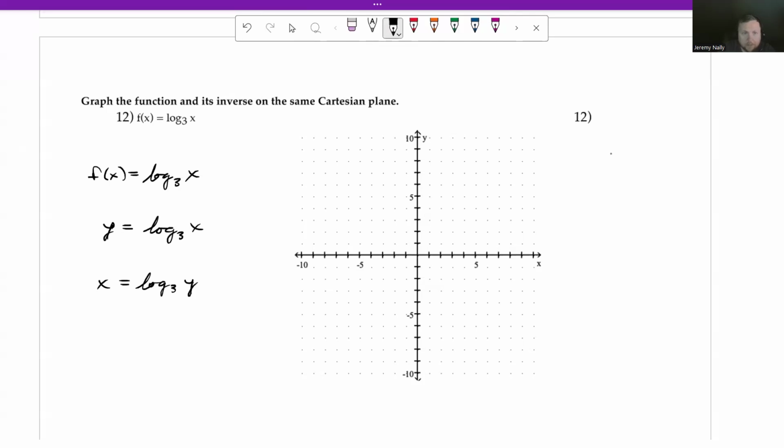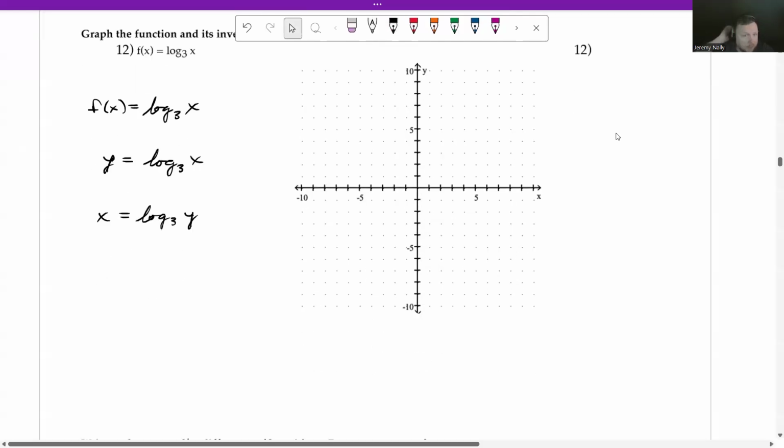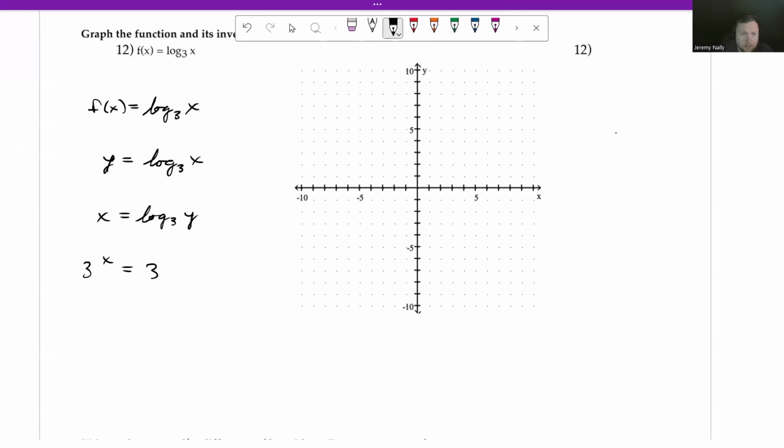So now I have x is log base 3 of y. Then I can just put each side of the equation as an exponent on 3 to cancel out that log. So I have 3 to the x is equal to y, which is, of course, our inverse function. So the inverse of f of x is 3 to the x.